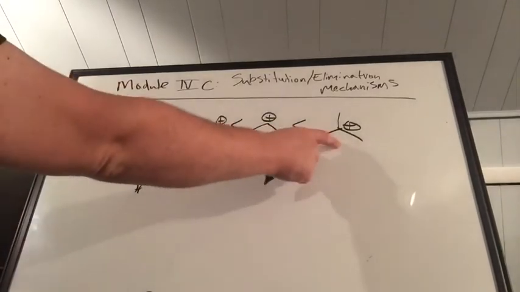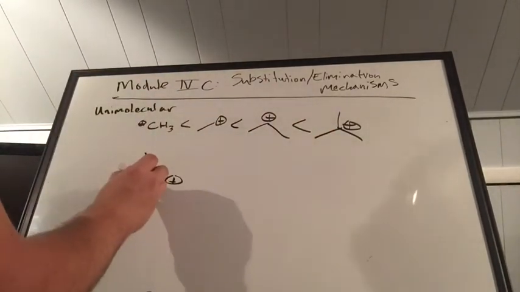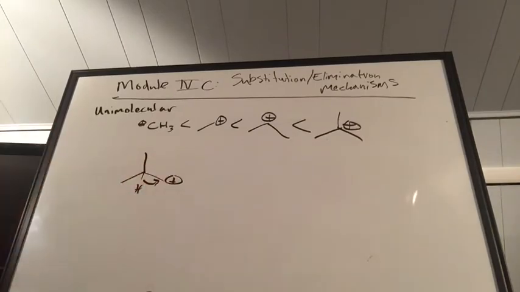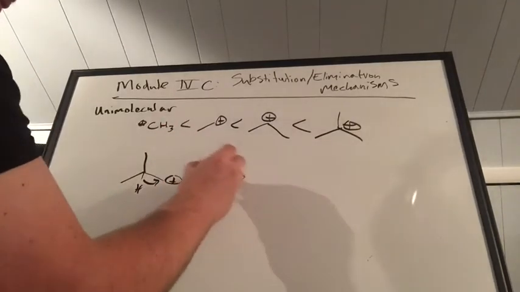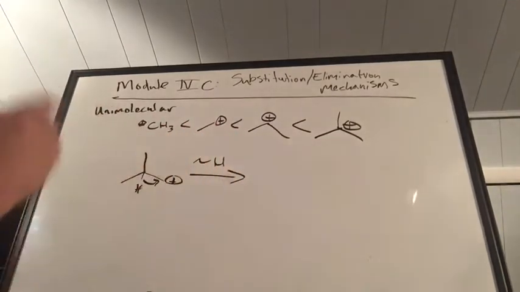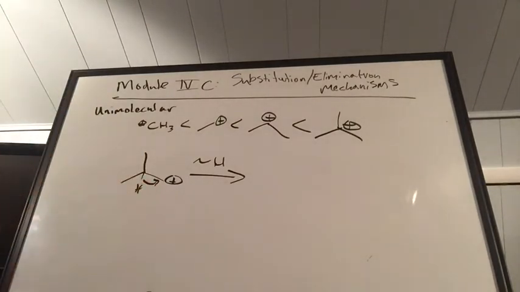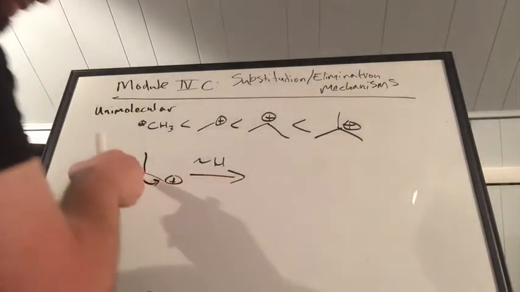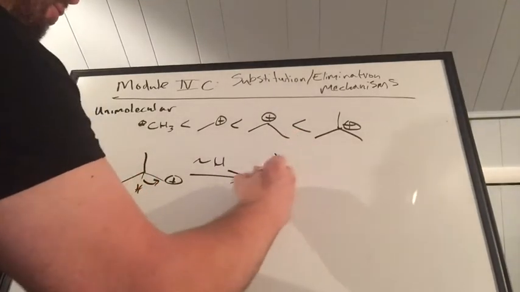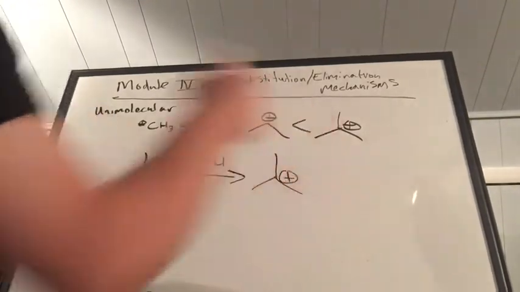And again, we're looking for the target that is most stable. So if we do what is referred to as a hydride shift, remember I'm going to shorthand that as tilde H, it means that hydrogen slides with its 2 electrons and satisfies that octet over there on the terminal methyl. And then you'll have a more stable carbocation, most stable, right there.